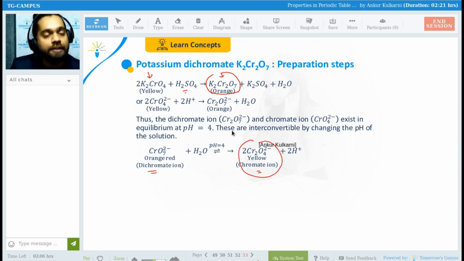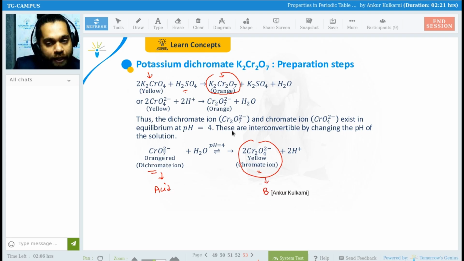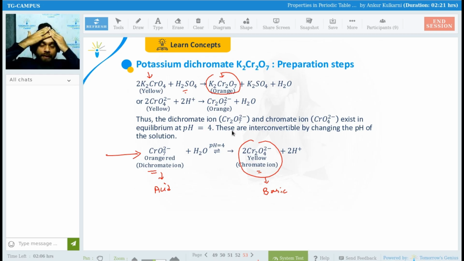In the basic medium, we get the chromate. Write it down if you want. In the acidic medium, you get the dichromate, and in the basic medium, you get the chromate.